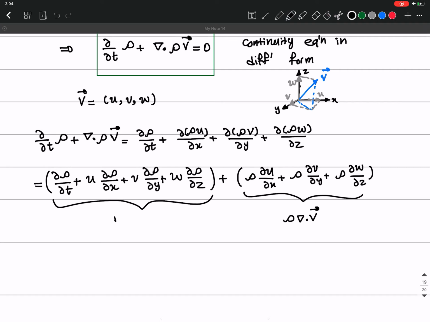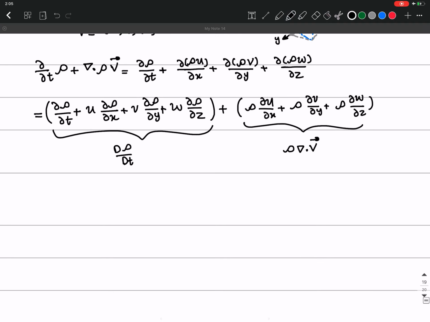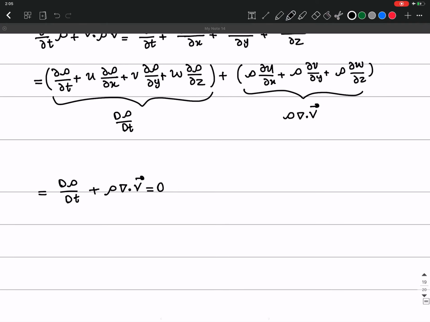And for this is just d rho over dt. So this equals d rho over dt, total derivative or material derivative, plus rho divergence of the velocity vector equals 0. So this gives me another form of the continuity equation, and that is as follows.